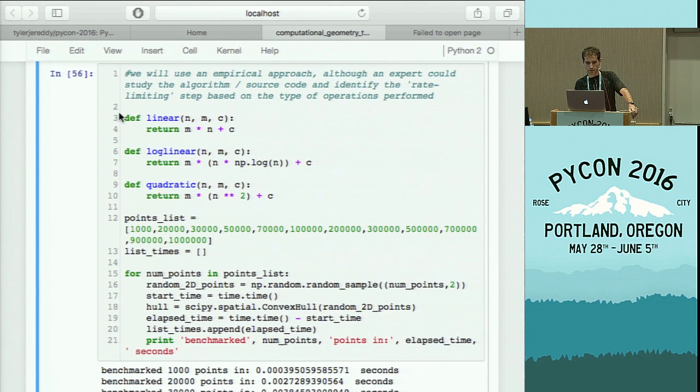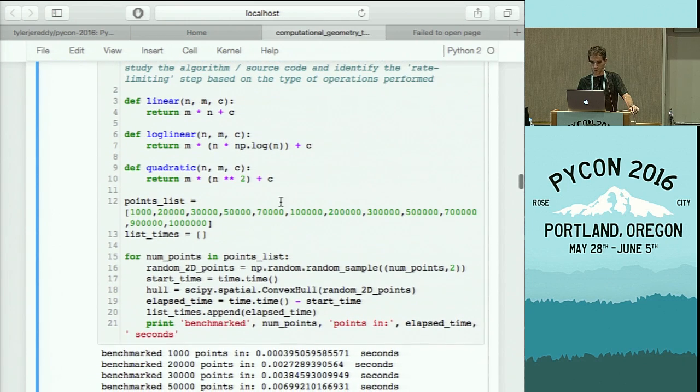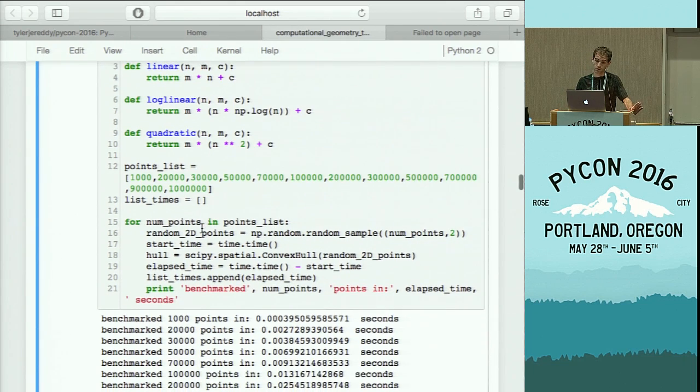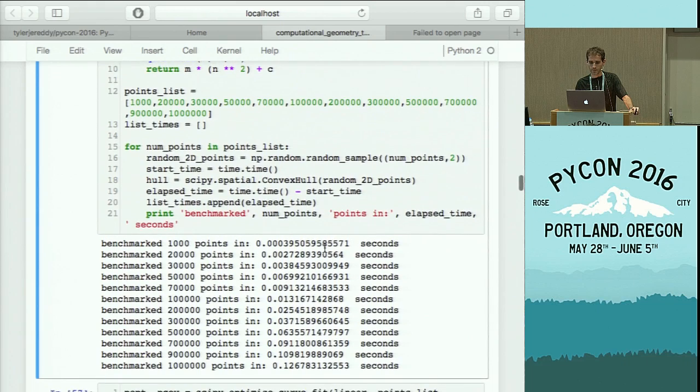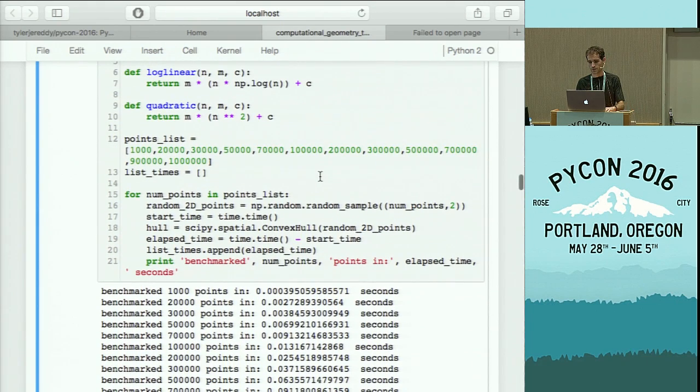I've set up a few different possible fits to the data: a linear fit, a log linear fit, and a quadratic fit, and a different number of input points, varying from say 1,000 to about 1,000,000 input points. I'm very crudely just going to timestamp the start time, use the time module to get the time at the end, and subtract those two. That's certainly not the way that you should benchmark formally, but for the purposes of just seeing roughly how well this runs, you can run that code.